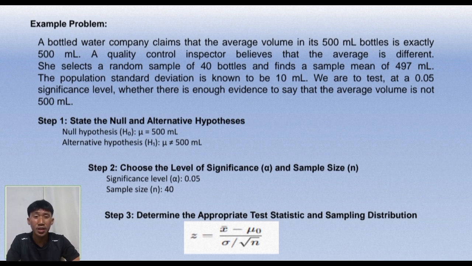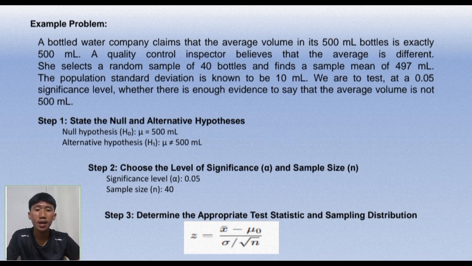The population standard deviation is known to be 10 ml. We are to test at a 0.05 significance level whether there is enough evidence to say that the average volume is not 500 ml. Now, let's apply the 5 steps of the p-value approach to hypothesis testing.